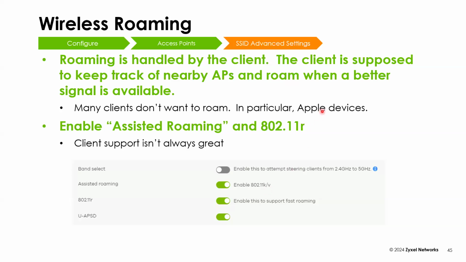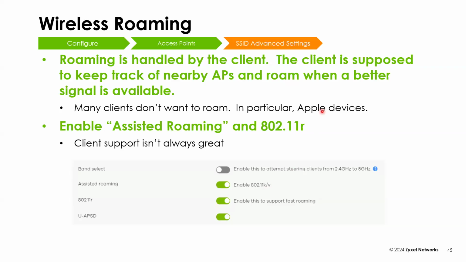In particular, Apple devices historically, I'm not sure how it is today, but historically, Apple devices are really bad at roaming. I know my iPhone, running the latest 26.01 iOS, still does not like roaming. I don't know how other devices work, but Apple in particular are famous for not liking to roam.